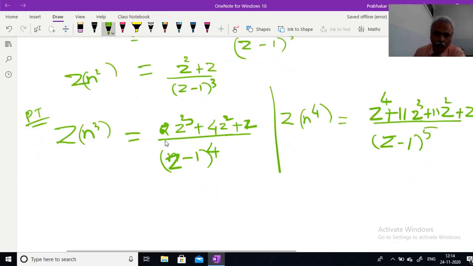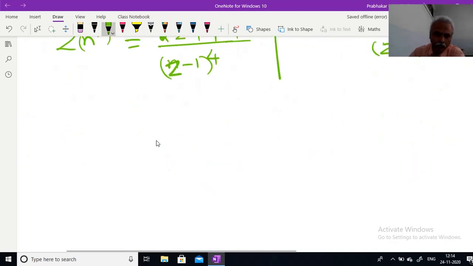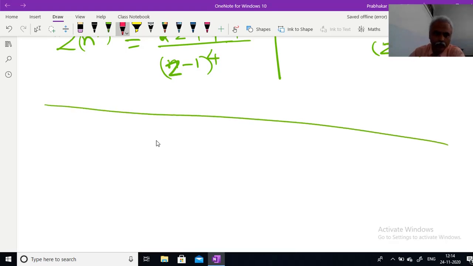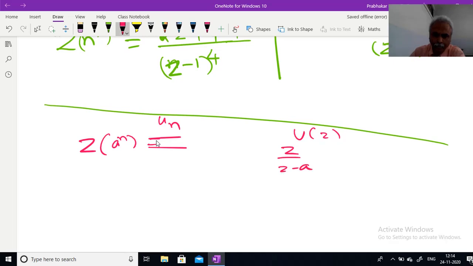Let us observe. I will write it as a table. We proved these things today. Z transform of a raised to n is here. On this side I am writing u n functions, and on this side I am writing u of z functions. Z transform of a raised to n is z by z minus a.